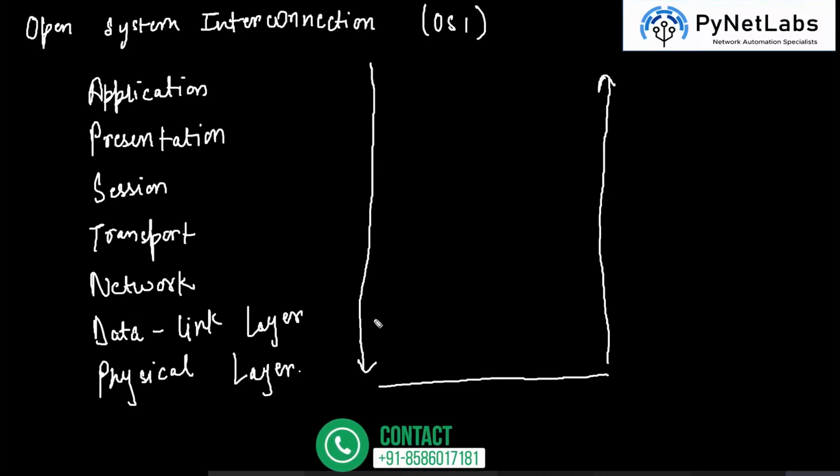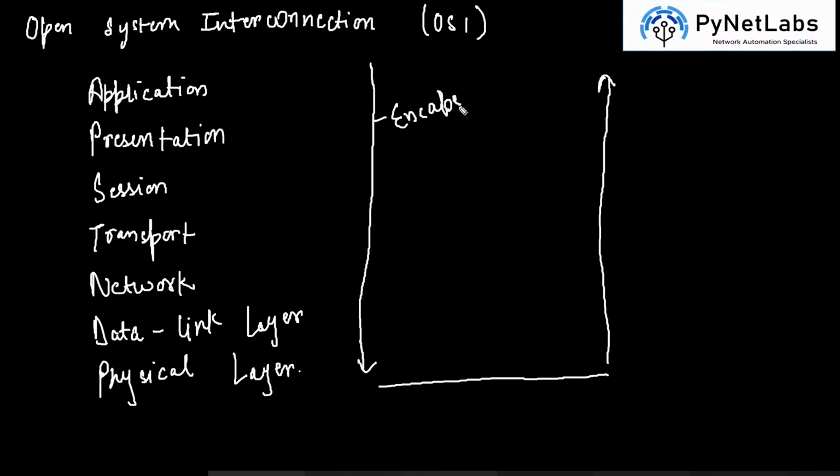Now what this down arrow and up arrow is representing here is, this represents encapsulation, and this represents decapsulation. Now what encapsulation means is, it collects the data from every layer and goes down.